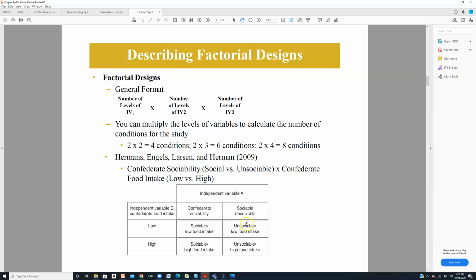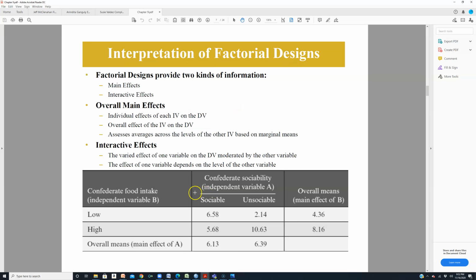So with a 2 by 2, I have a marginal mean for each condition: a marginal mean for low, a marginal mean for high, a marginal mean for unsociable, and a marginal mean for sociable. Those tell me what's called a main effect. The individual cellular means I use to analyze the interaction.